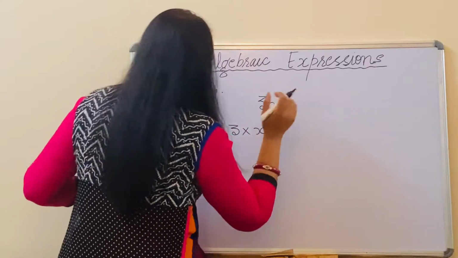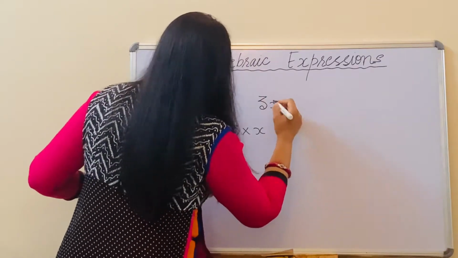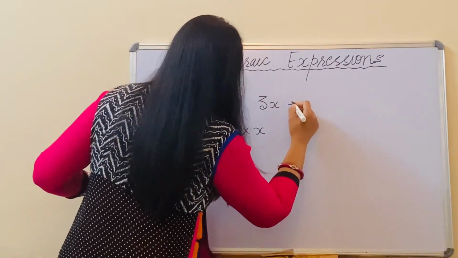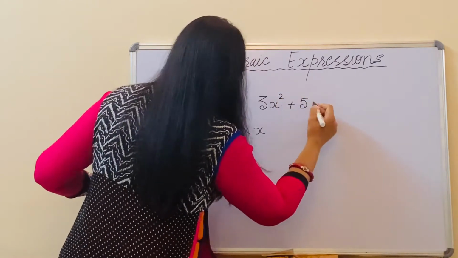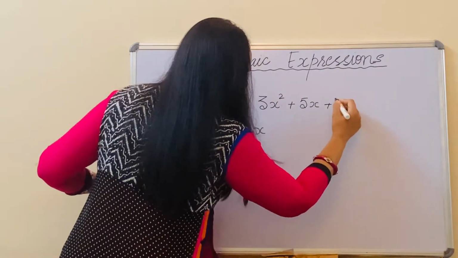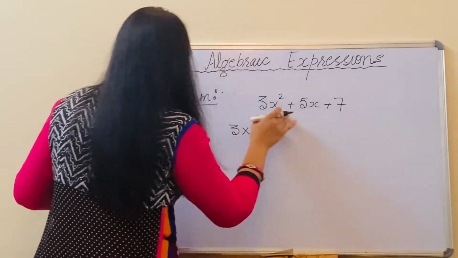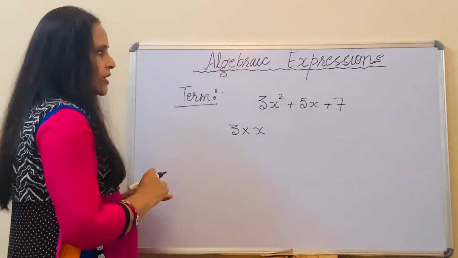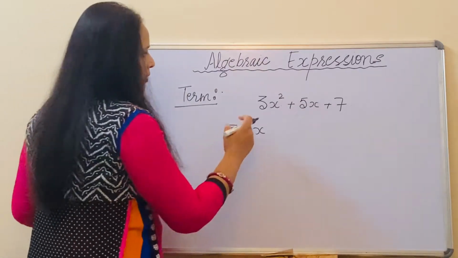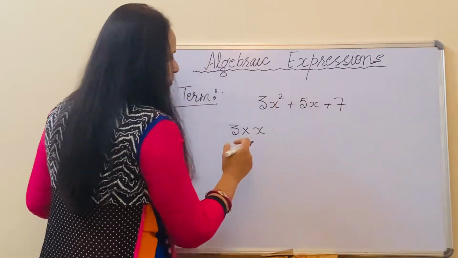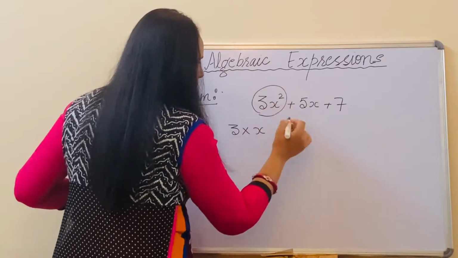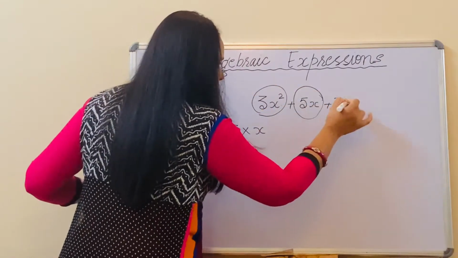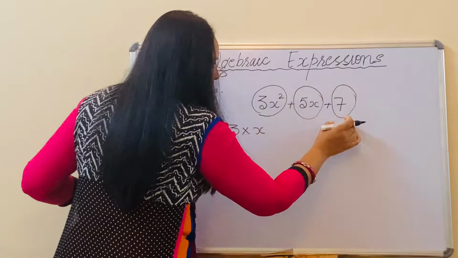Now I am writing more over here, that is 3x squared plus 5x plus 7. So this is an algebraic expression in which there are 3 terms. First one is 3x squared, another one is 5x and the last one is 7.